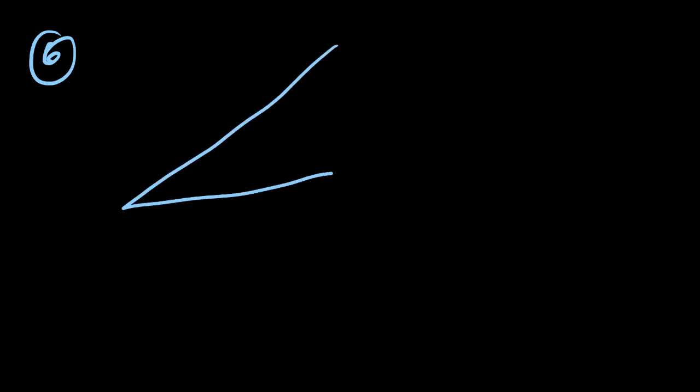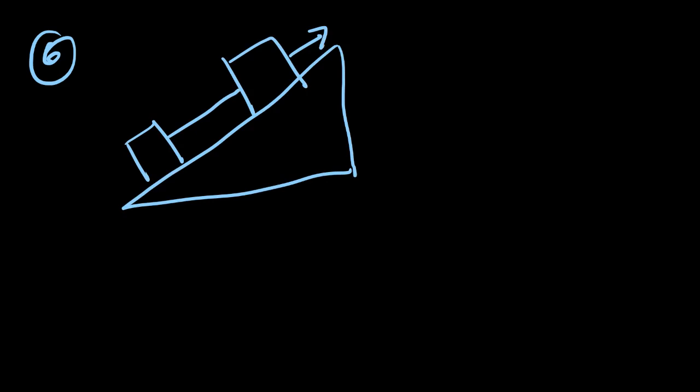Let us look at another scenario. Suppose we have an inclined surface and then we have two objects, and these objects are pulled this direction. We have 1 and 2. Now for 1, the free body diagram, we are going to have something like this, which will be tension and force applied.